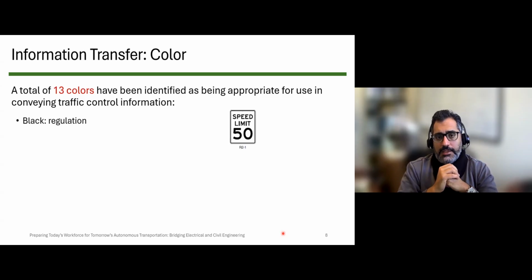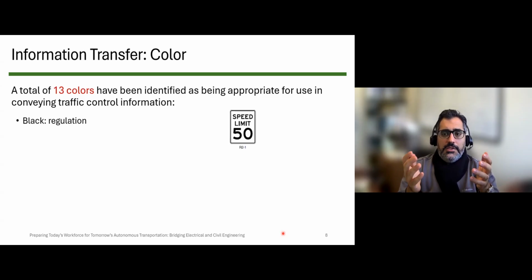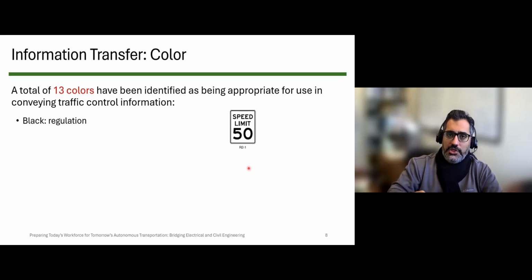The first one is black, and black is always used to show regulations. And black is always used as the color for text. If there is a black color used, it would be the text, and it's usually on a white background showing regulations like speed limit.